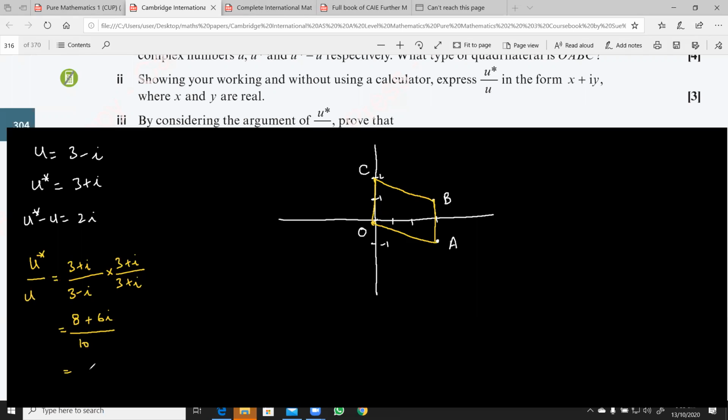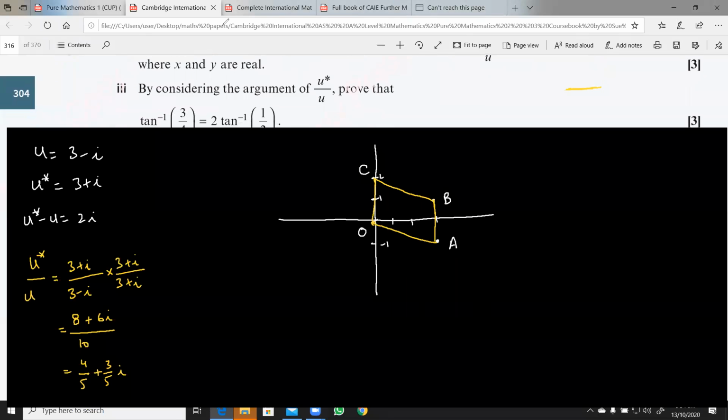And I have to write this as 8 over 10 is 4 over 5, and 6 over 10 is 3 over 5 i. Okay? So you should be very quick in writing a fraction whose numerator and denominator are complex numbers into this x plus iy form.